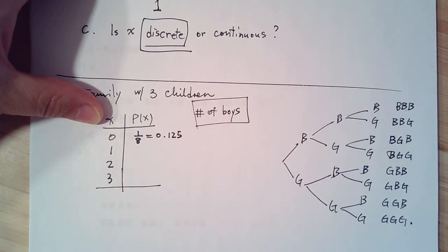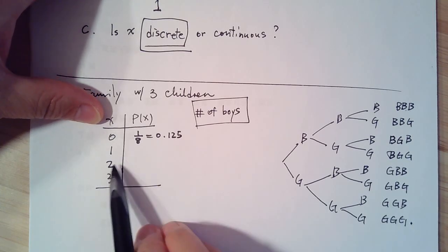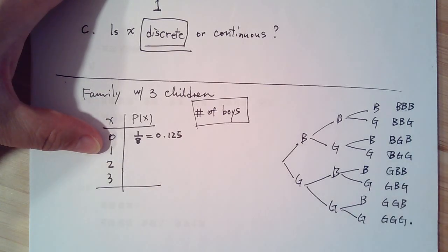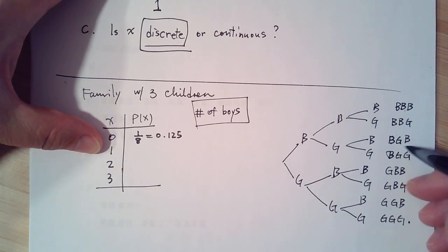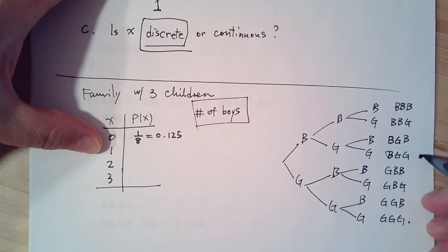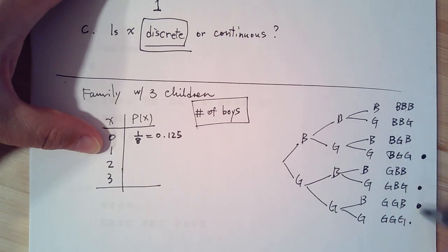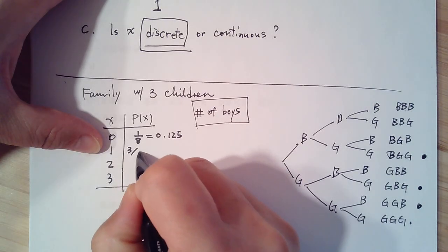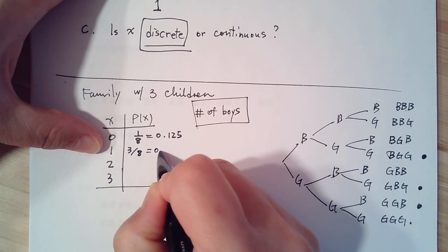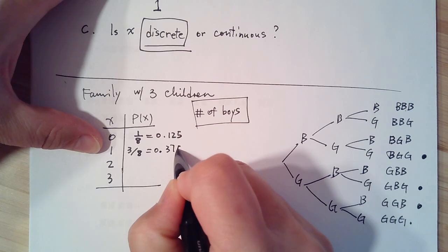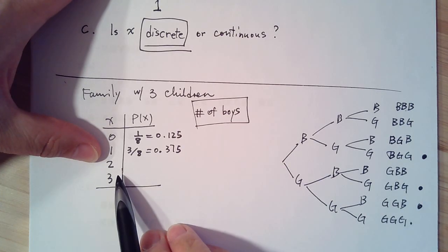And what is the probability that there is 1 boy? Let's see which ones have 1 boy: this one, and this one, so 3 of them. That's 3 out of 8, which is 0.375. Now what is the probability that this family has 2 boys?